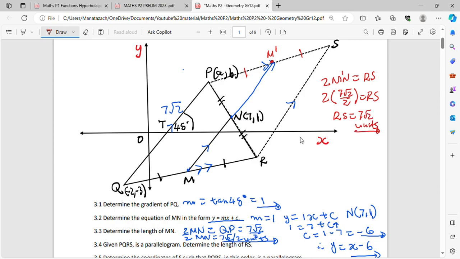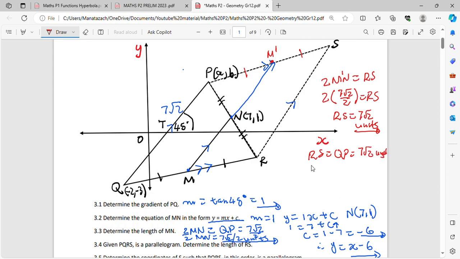Right, that's one way of calculating RS. And then the easiest way, you could have easily said the opposing sides of the parallelogram are equal. So you can just deduce and say RS is equal to QP, which is equal to 7√2 units.